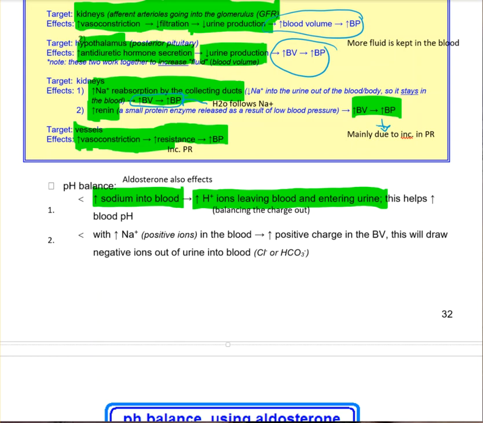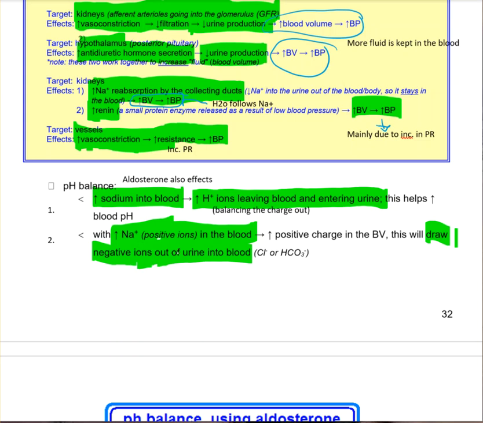Whereas if we take positively charged ions into the blood, another thing we can do is, instead of swapping positively charged hydrogen protons and switching them out, we can draw negative ions out of the urine and into the blood, and especially we can bring in things like chloride, which is an anion, right?